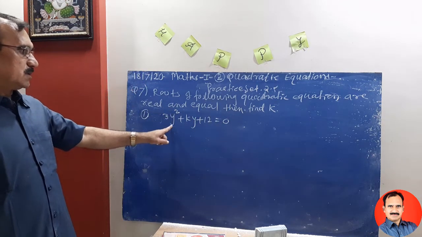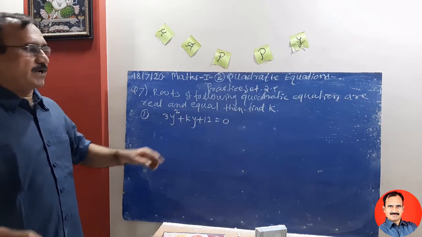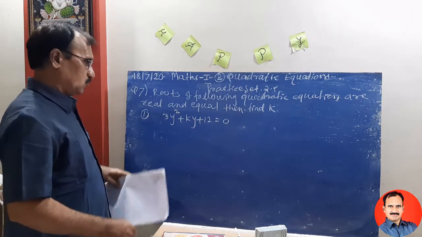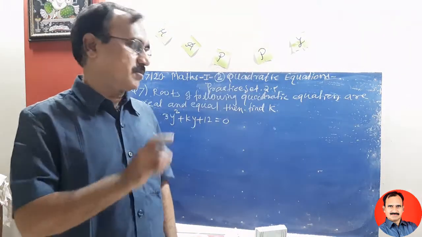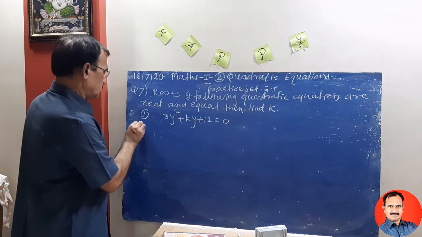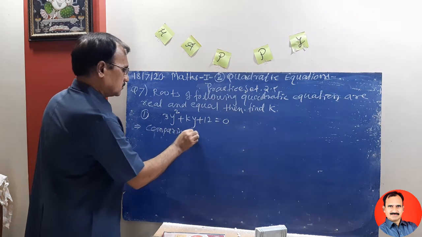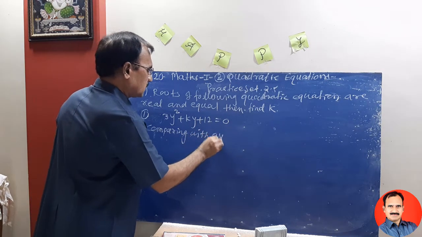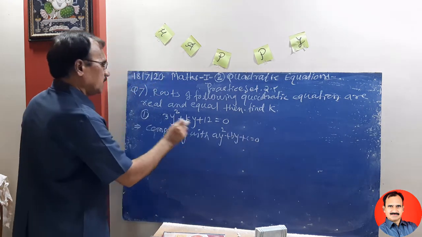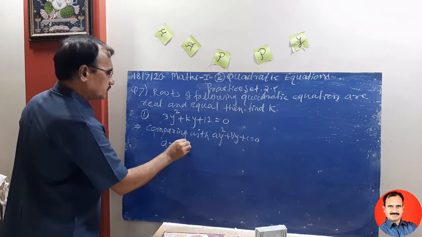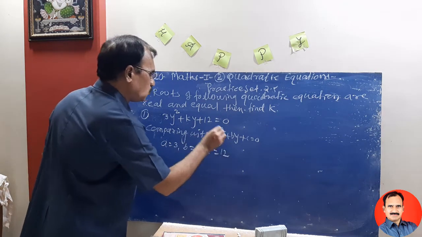Here the roots of these equations are real and equal is already given, and we have to find the value of k. We know how to find the value of delta or discriminant, b square minus 4ac. Comparing with ay square plus by plus c is equal to 0, a is equal to 3, b is equal to k, and c is equal to 12.